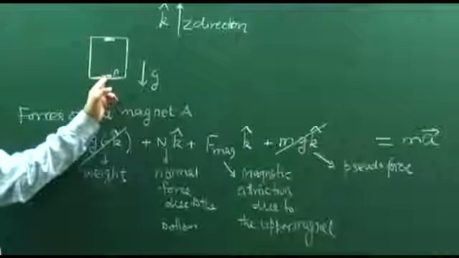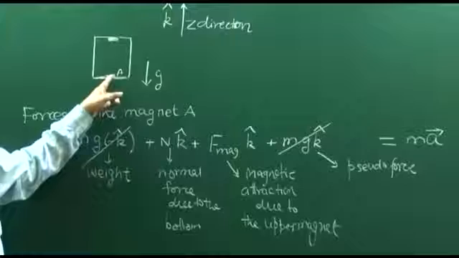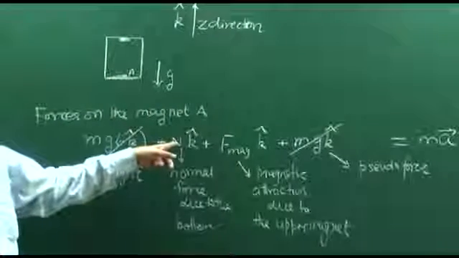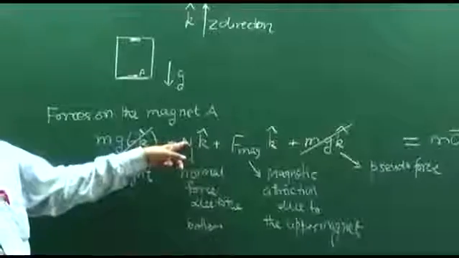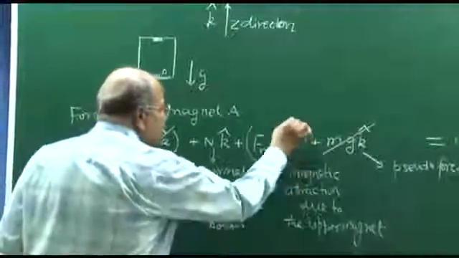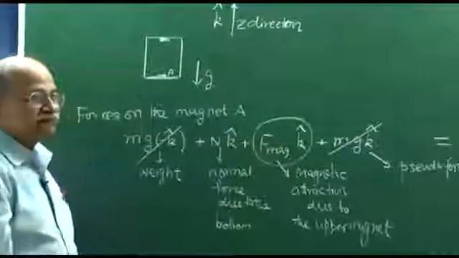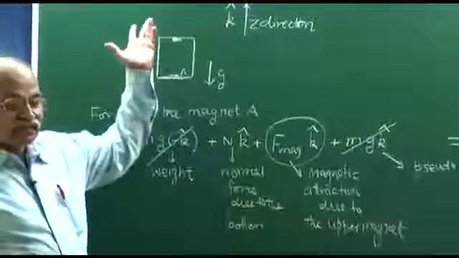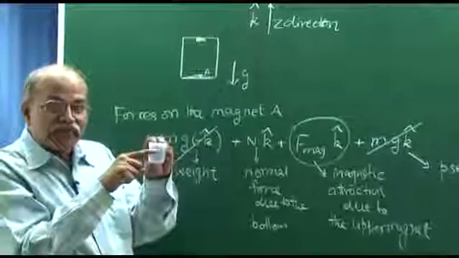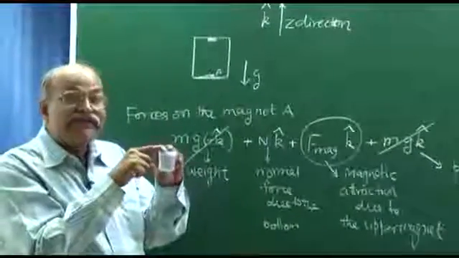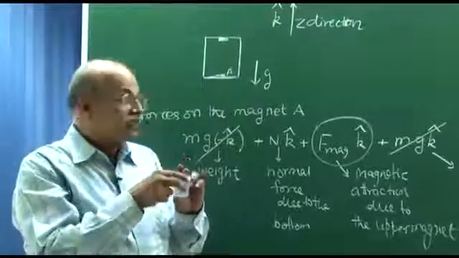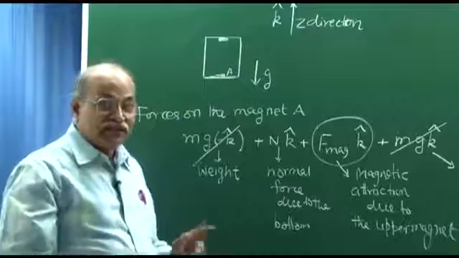As it goes slightly up, this contact here is broken, and then this N also becomes 0. So it moves only under this magnetic attraction, and that is in upward direction. So in the box frame it has to go up, and it goes up and strikes this upper magnet. So this is how pseudo forces are included.